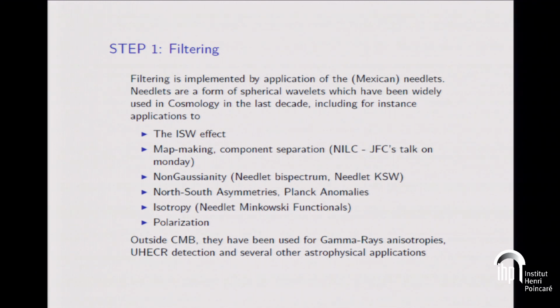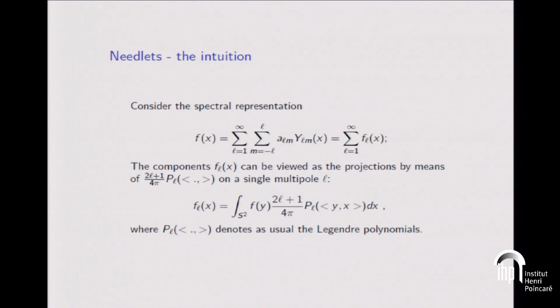Then asymmetries, north-south asymmetries. Then there is this application to isotropy and Minkowski functionals. This is what Robert Adler has been discussing also 2 or 3 days ago. I'm going to show you one application in the Planck 2016 isotropy paper. And then other applications like polarization and gamma rays, ultra-high energy cosmic rays. There are a number of references.